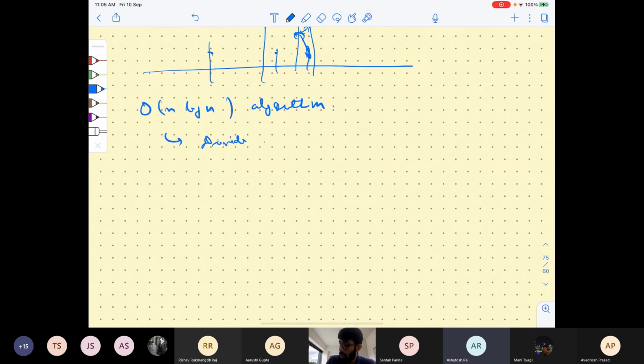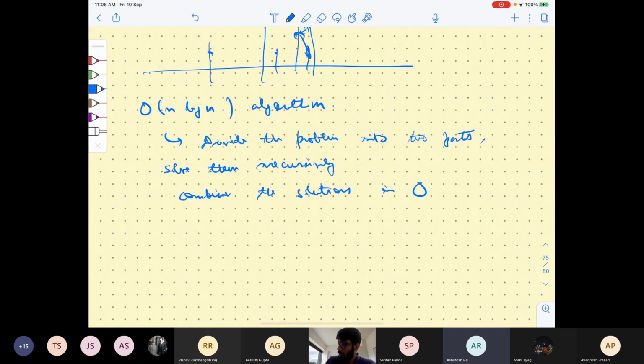Divide the problem into two parts, solve them recursively, and combine the solutions in order n time. It is the same basic paradigm that we had in the last lecture, and we will try to use the same.